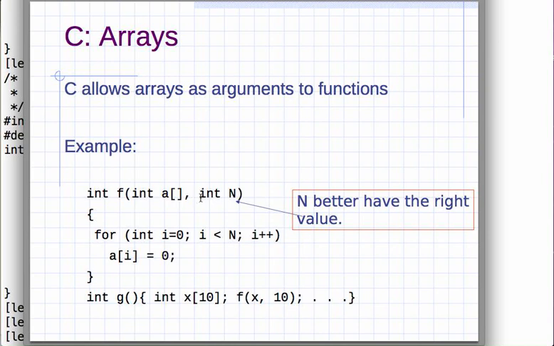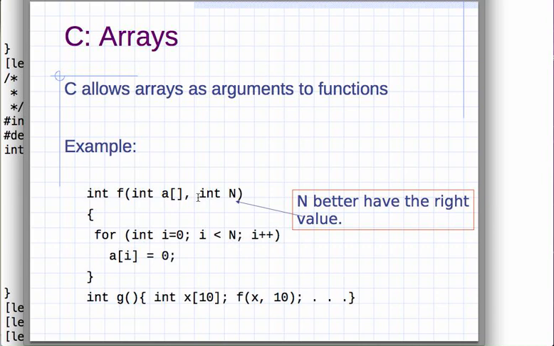This is because, unlike Java, and this is another big difference between Java and C arrays, in Java every single array has a public final int field called length. And so every array will have this length field, and you can access it and figure out how many items there are in the array.